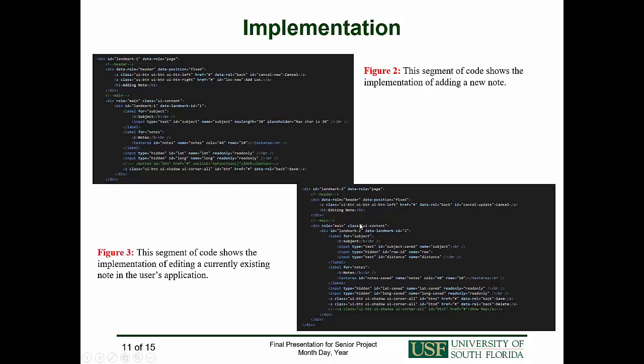And the bottom screenshot is of our editing notes. So when a user clicks on a note from the home screen, the user is given an option to either edit the note or not.